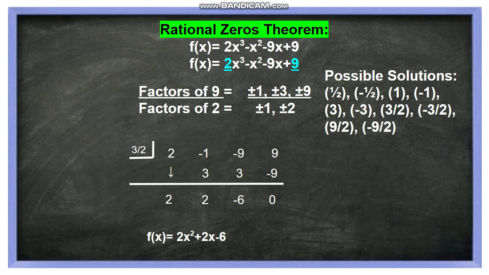Now, in theory, you could go ahead and check all these to make sure they did work first. But now that it's a quadratic, we can assume that there's imaginary zeros. So this actually is 2x squared plus 2x minus 6. And what we'll use is the quadratic formula to find the remaining zeros.